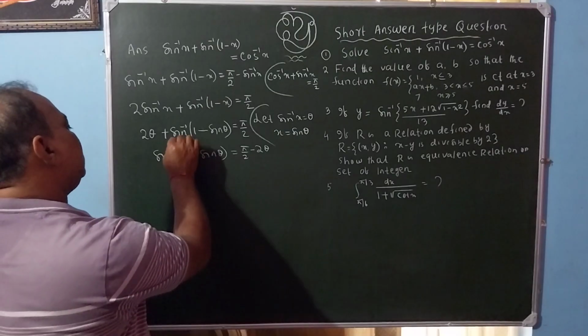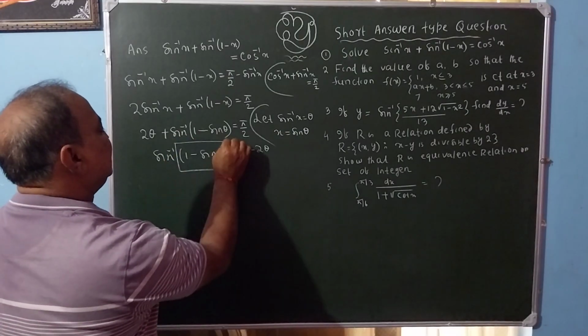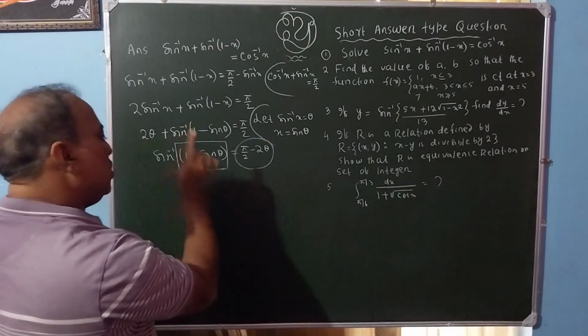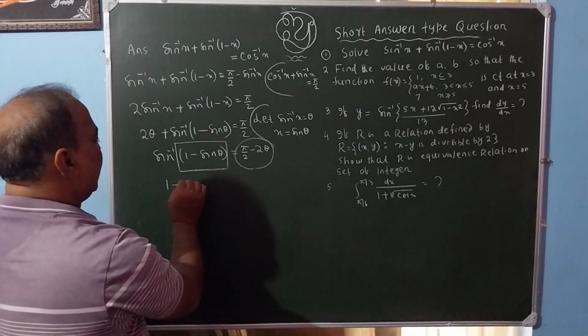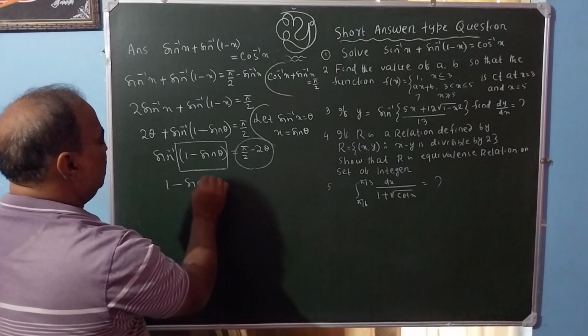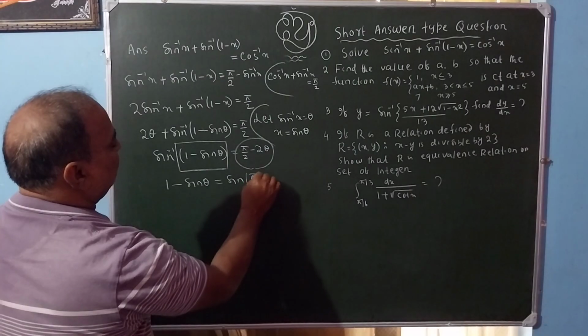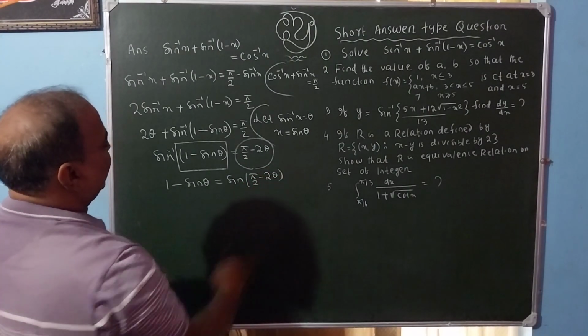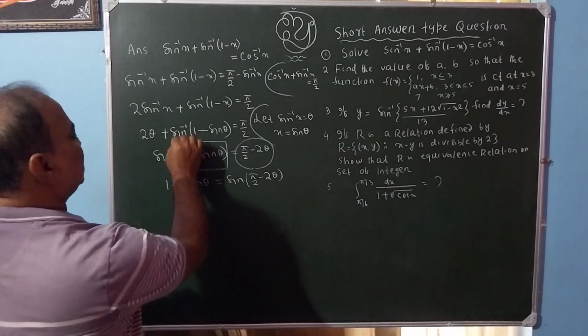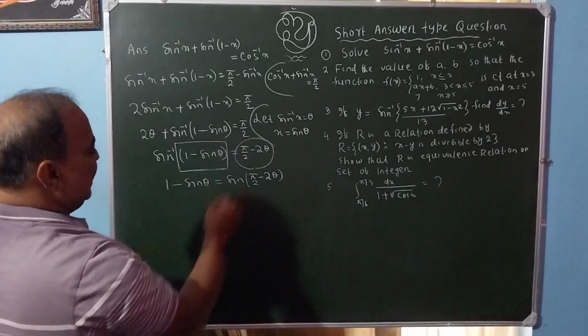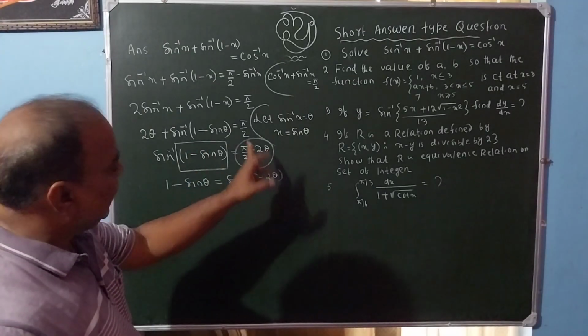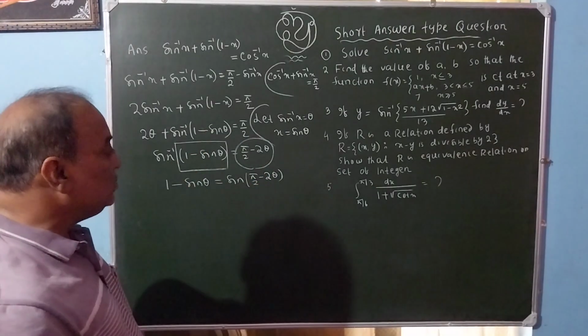Sin inverse of the box is equal to this, so the box is equal to sin of (pi by 2 minus 2 theta).